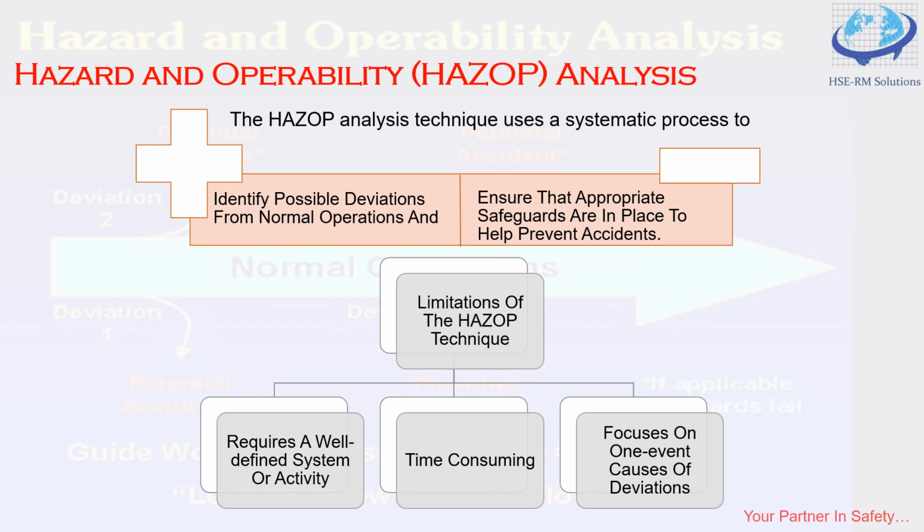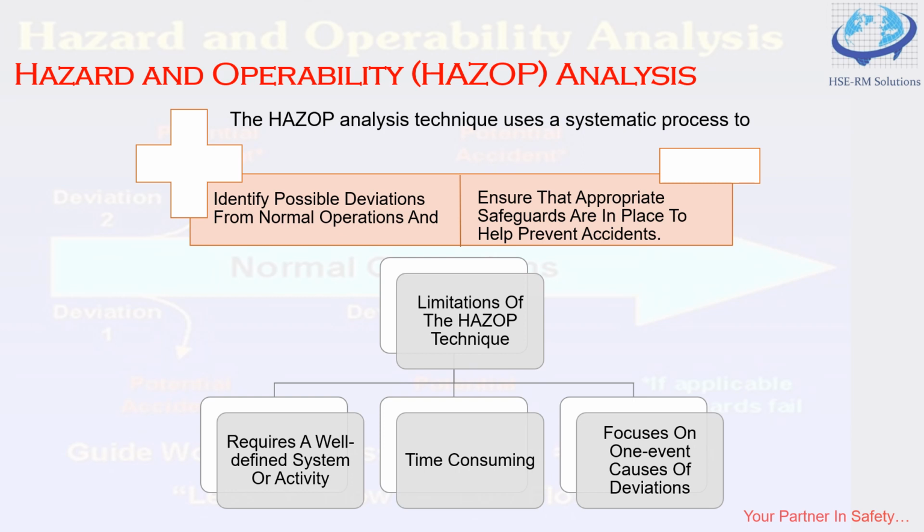So this is the limitation of the HAZOP technique. So firstly, it requires a well-defined system or activity. The HAZOP process is a rigorous analysis tool that systematically analyzes each part of the system or activity.